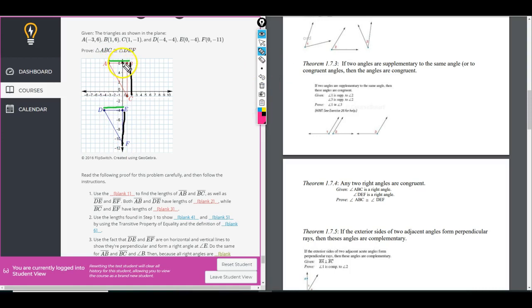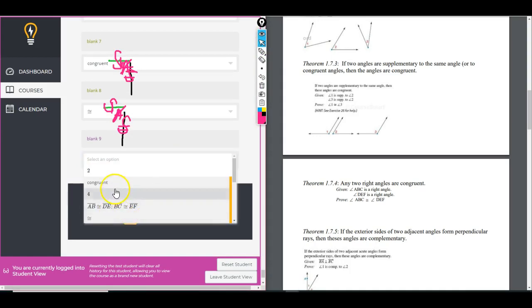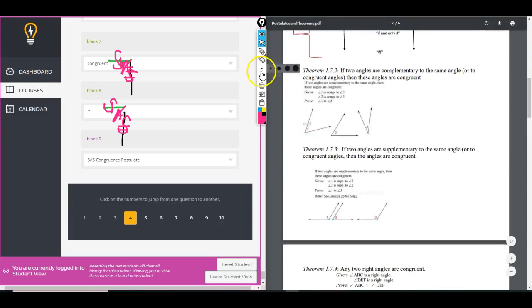Then they also said that we have 90 degrees in both triangles. So they're using a corresponding side, corresponding angle, which is the 90 degree that I'm marking, and a corresponding side. So they are using side, angle, side, congruence. And that's how I would go through this problem.